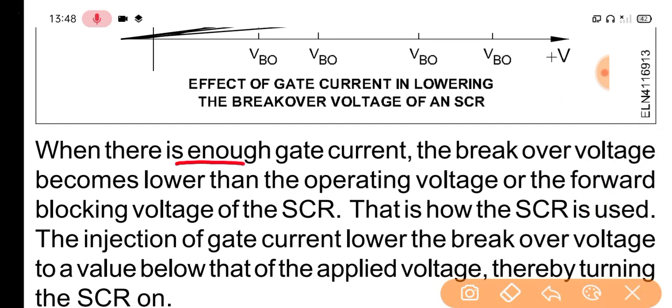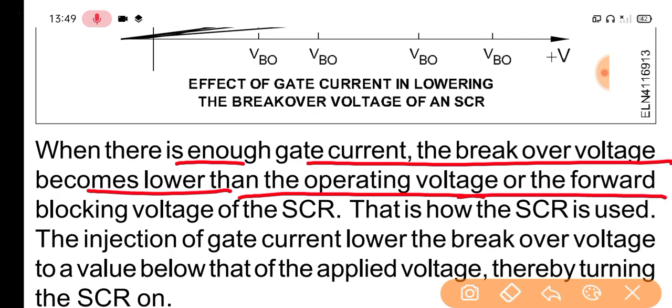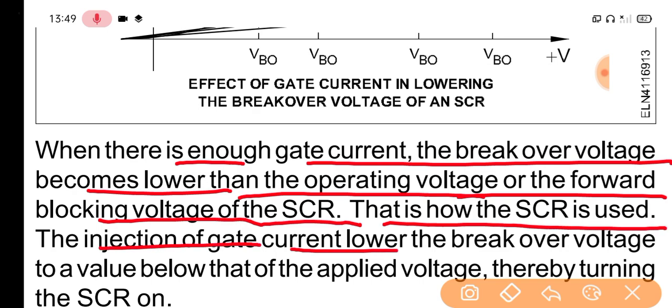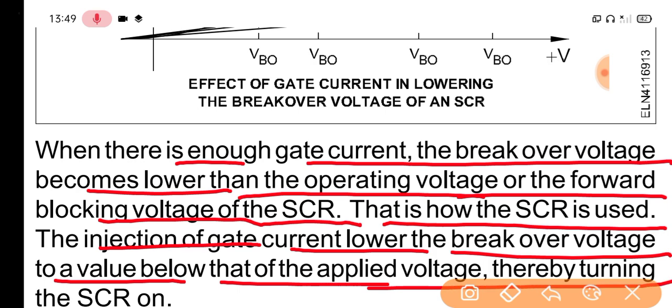When there is enough gate current, the breakover voltage becomes lower than the operating voltage, the forward blocking voltage of the SCR. That is how the SCR is used: the injection of gate current lowers the breakover voltage to a value below that of the applied voltage, thereby turning the SCR on.